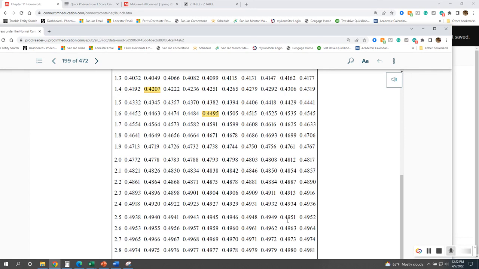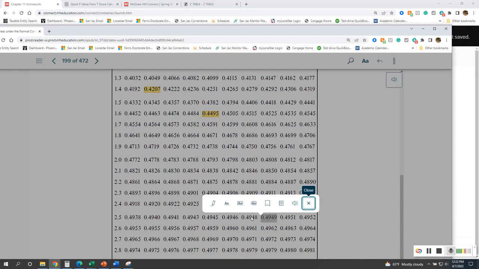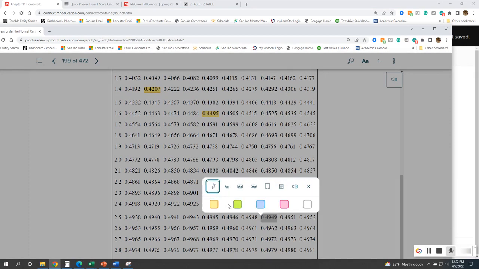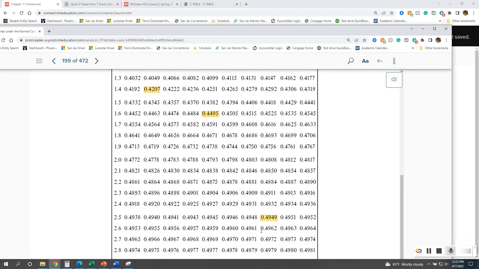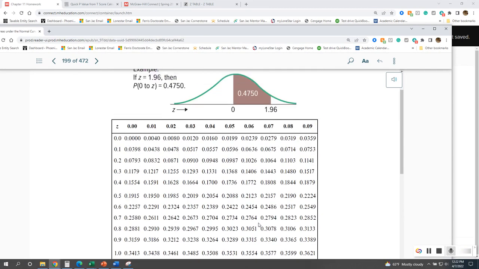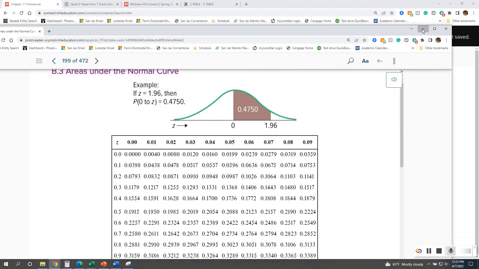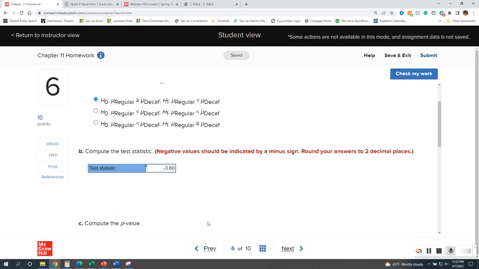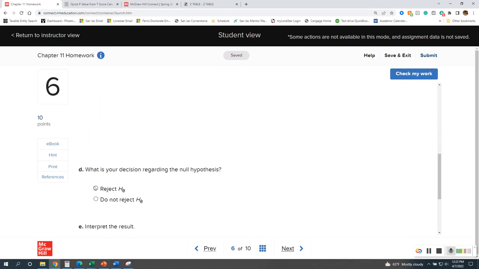Almost there. There we go. So it's right here, 2.57. So yes, we're going to reject.